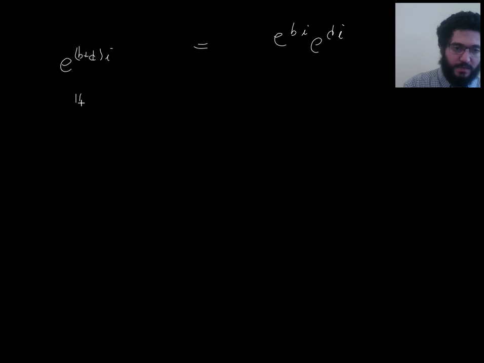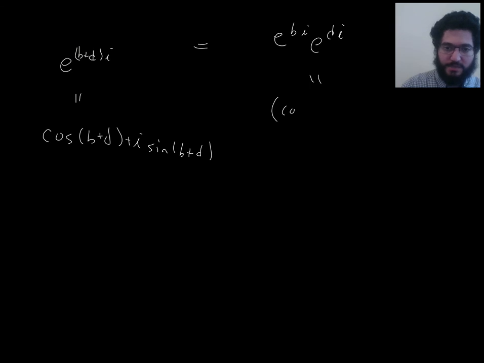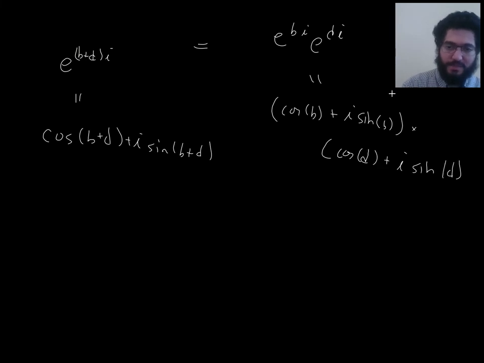On the left side here, it says cosine b plus d plus i sine b plus d, right? And on the right side here, it's cosine b plus i sine b, that's e to the bi, times cosine d plus i sine d, that's e to the di.